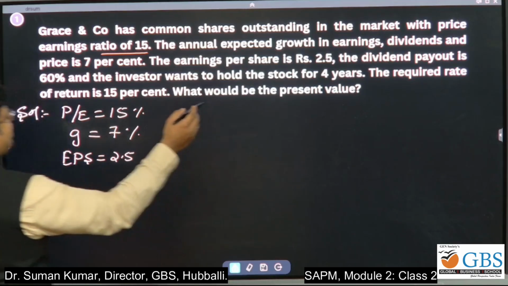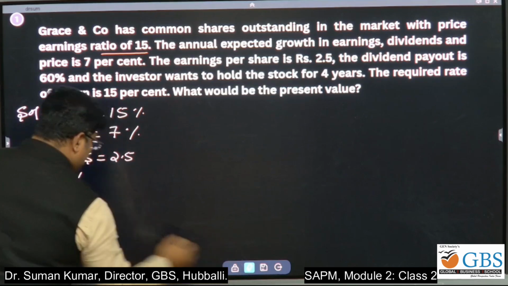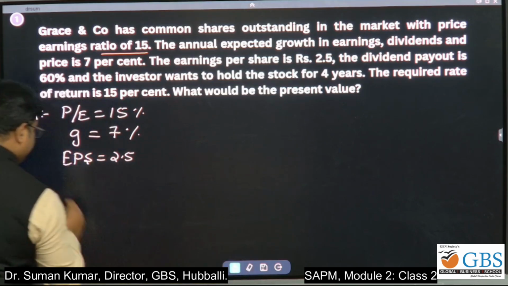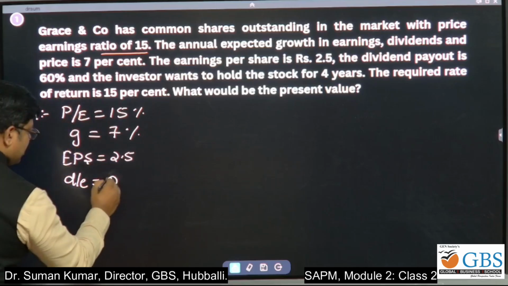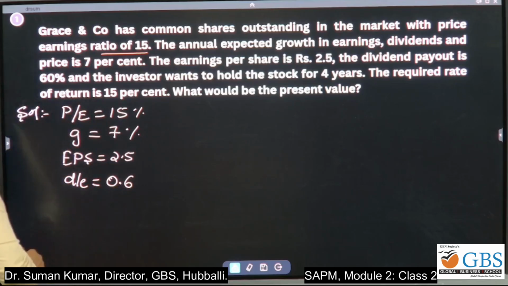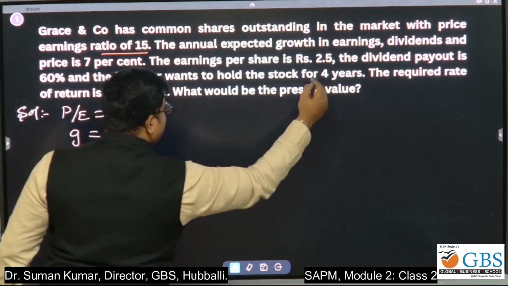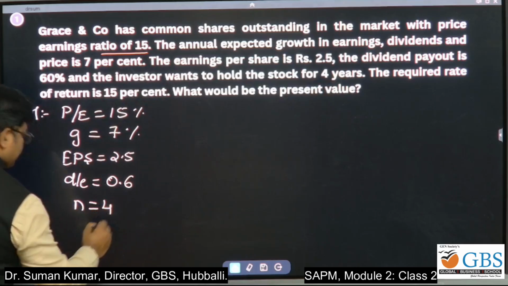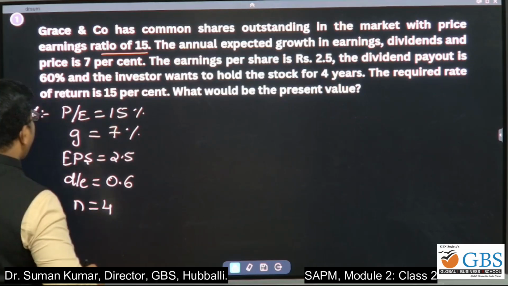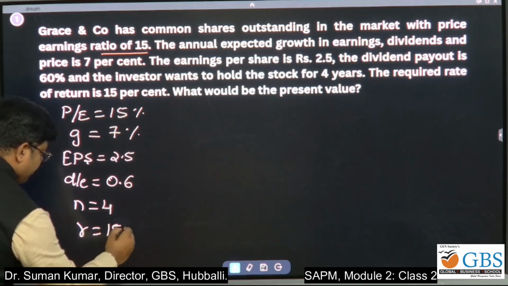The dividend payout, D by E, 60%, is nothing but 0.6. So what is 4 years? The required rate of return, that is R, is 15%.